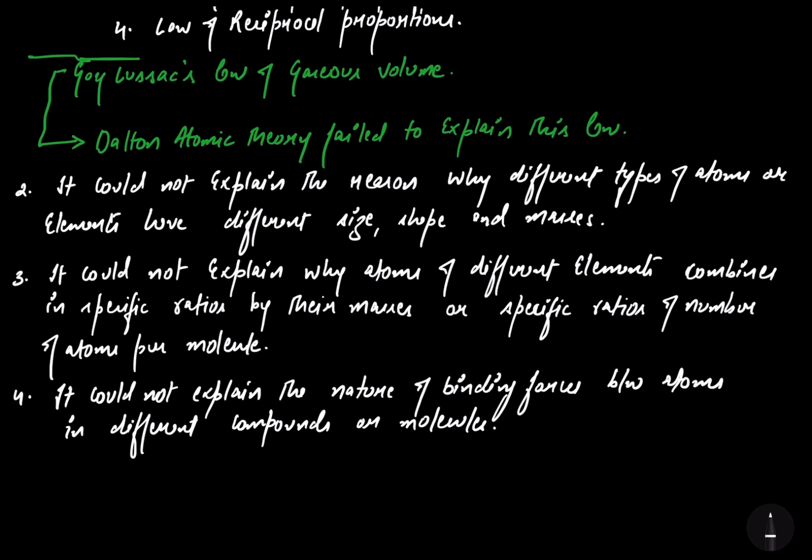But at that time, in 1808, the chemistry equipment was not that advanced, so Dalton gave us the rough idea, but he could not explain the reasons. His idea was correct, but the reason about the existence of that type of compounds was not given by Dalton. So it could not explain the nature of binding forces between the atoms in different compounds or molecules.